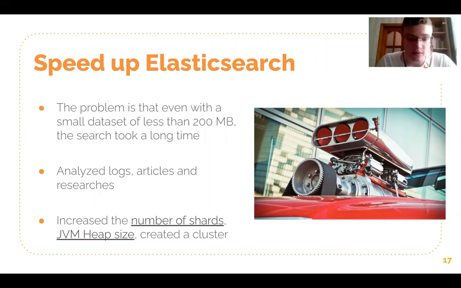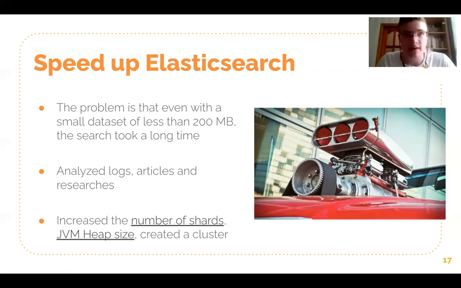And first of all, we increased the number of shards. In general, Elasticsearch is split into indexes, where an index is a collection of documents combined with special logic, with settings and mappings. Also, for an index, we can set up a specific number of shards. In general, a shard is a separate thread which is used for searching and indexing.